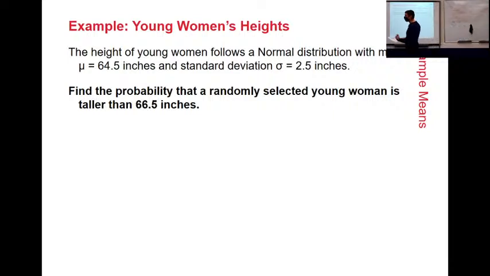So before we go and solve this problem, the question I want you to think about, I'll give you a few seconds to consider it, is which of these is going to be more likely to happen? Picking a single person that is 66.5 or taller, or picking a sample of 10 that has a mean that is 66.5 or taller?